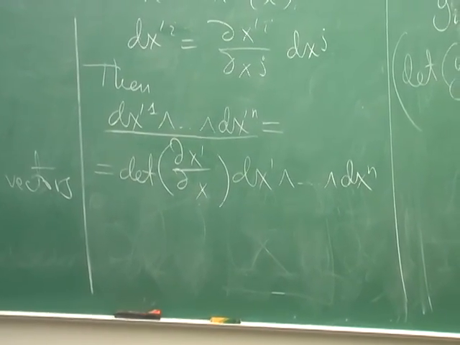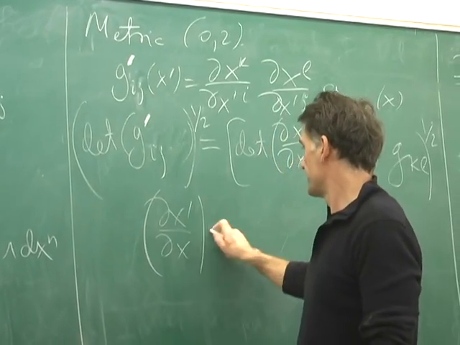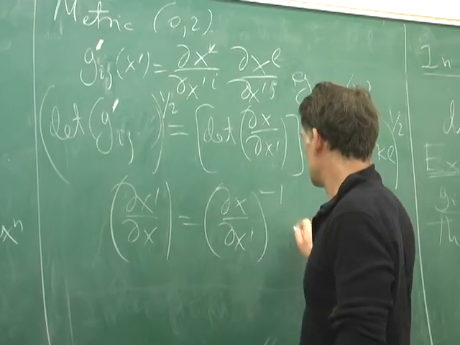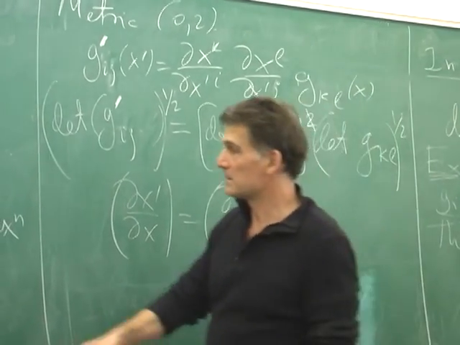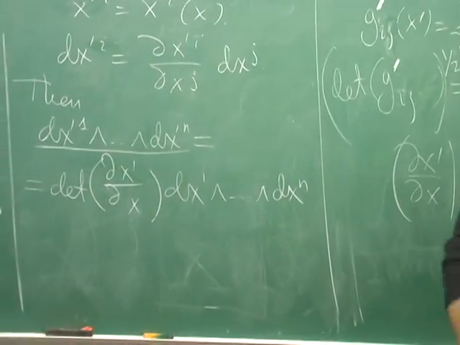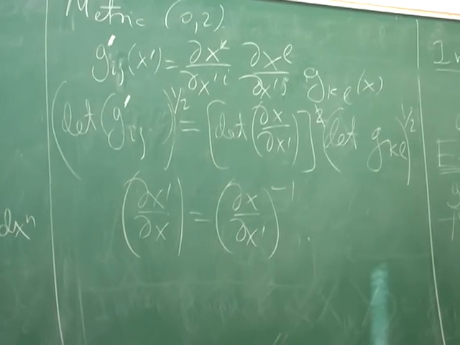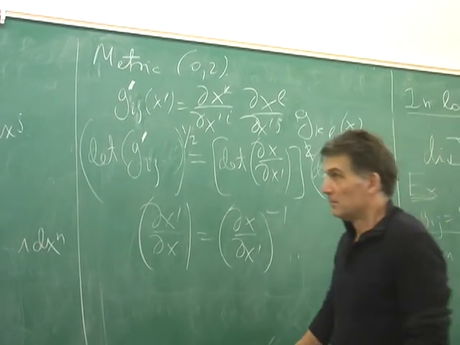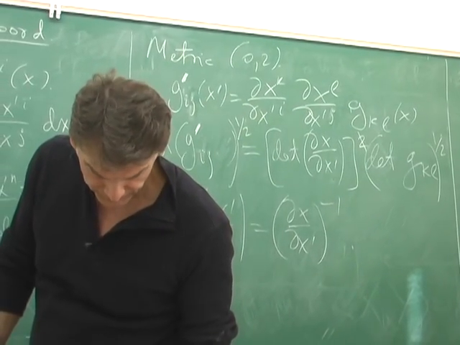That's an inverse matrix. dx prime by dx is equal to dx by dx prime inverse. And therefore, this Jacobian cancels that, and you get exactly the invariance of the volume element. So that's why you need that square root in the volume form for the manifold. Anyway, that's the divergence formula.